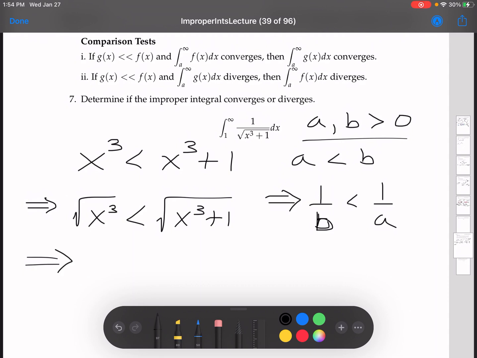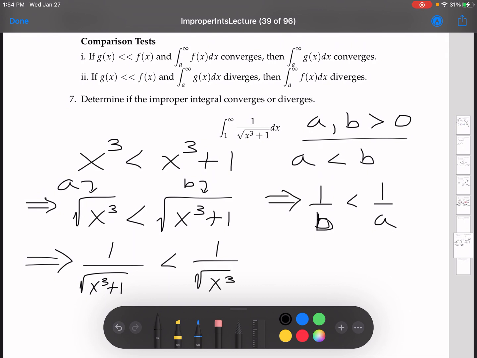So this is like my a here, and this is like my b here, right? So then we know that 1 over the square root of x cubed plus 1 is less than 1 over the square root of x cubed.